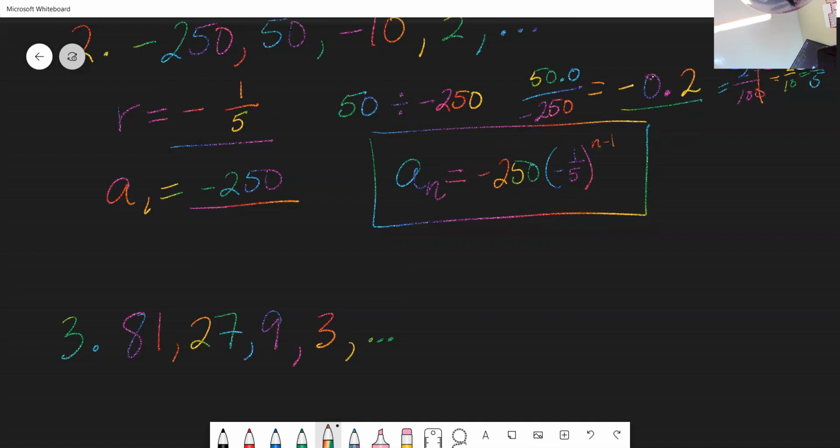It's geometric, right? Because you don't have a common difference, but you do have a common ratio. Each one is multiplied by a third. So this is geometric.